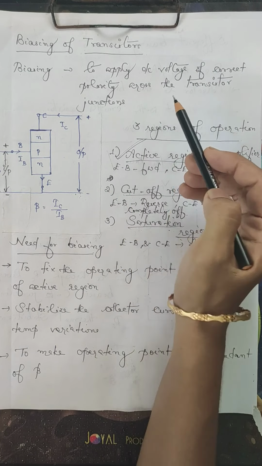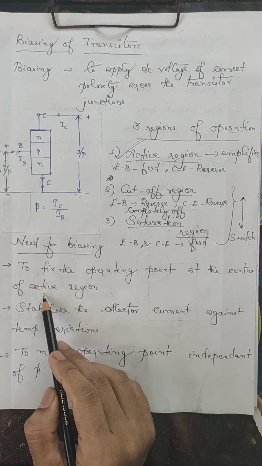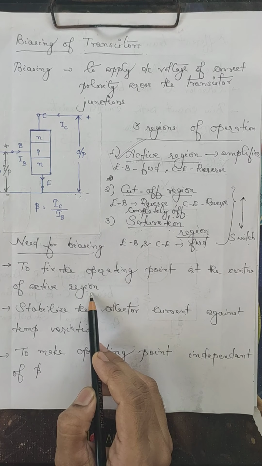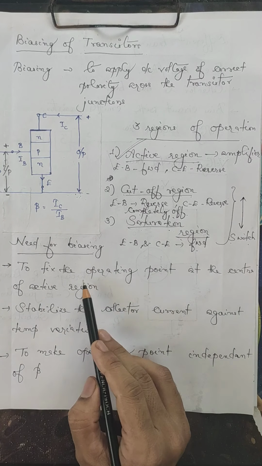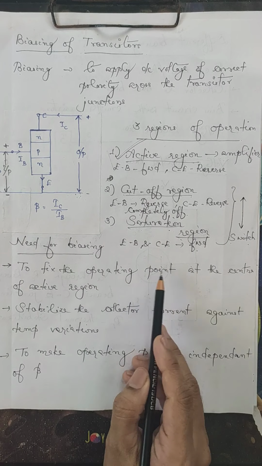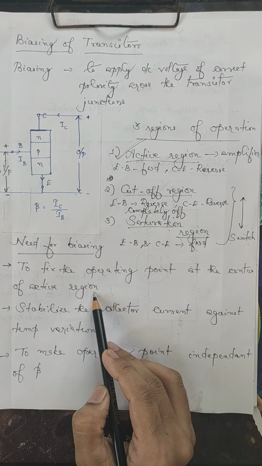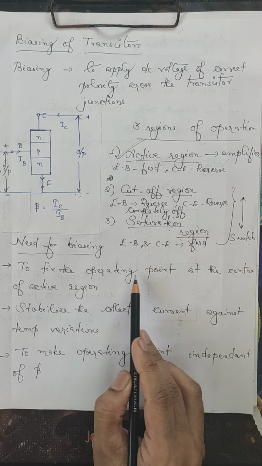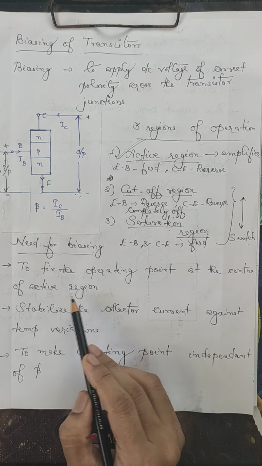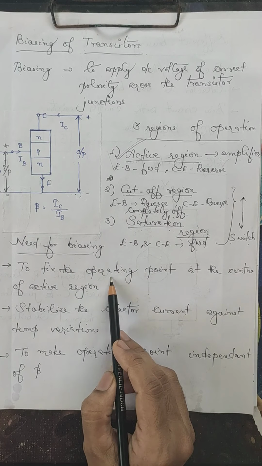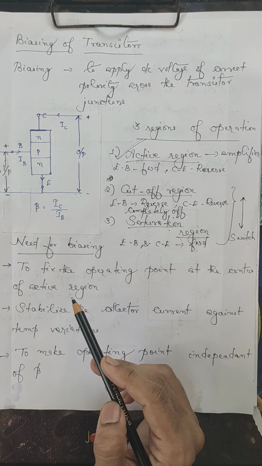Now let us look into the various needs for providing biasing to transistors. First one is to fix the operating point at the center of the active region. We have already discussed this point. As a transistor is to be used as an amplifier, it should be operated in the active region. So we have to fix the operating point at the center of the active region, which is accomplished by biasing.